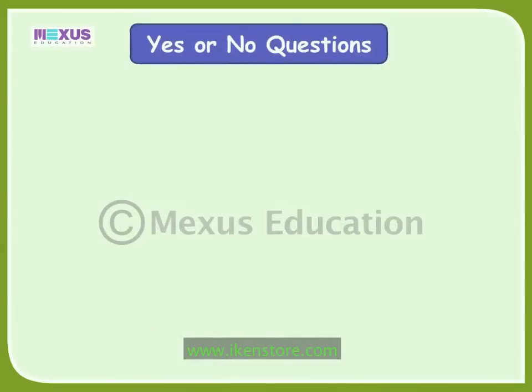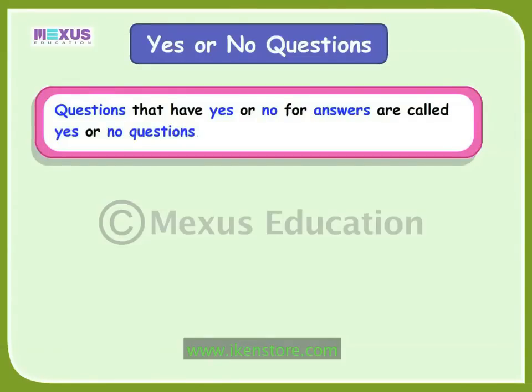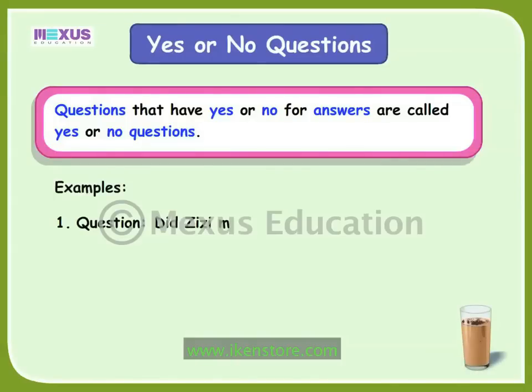There are some questions that can be answered with a simple yes or no. Questions that have yes or no for answers are called yes or no questions. For example, did Zizi make the chocolate milk herself?